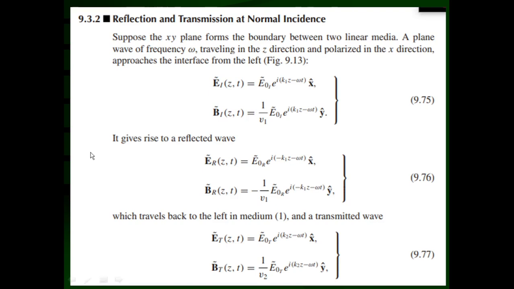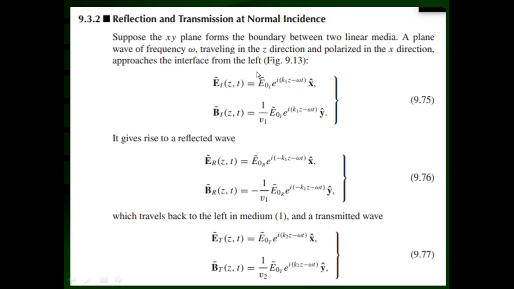Similarly, the incident magnetic field Bi(z,t) has amplitude B0I, which is replaced in terms of the electric field amplitude: B0I is equal to 1 upon V1 times E0I, e raised to i(k1z minus omega t). The magnetic field is in the y direction, perpendicular to the electric field, so they constitute a wavefront, which is the xy plane.